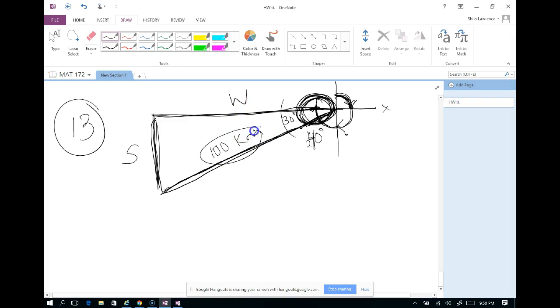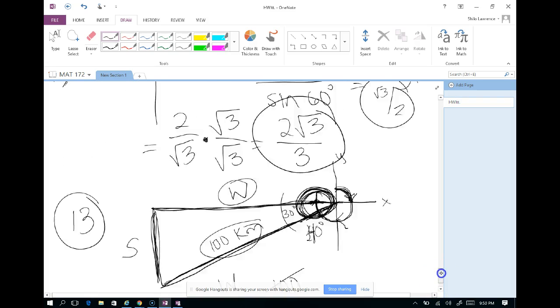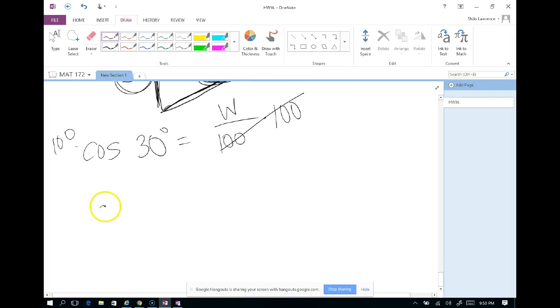To work with the hypotenuse and the adjacent side, cosine uses adjacent over hypotenuse. So I'm going to say cosine of 30 is my adjacent side over my hypotenuse, and I'm going to solve for W by multiplying both sides by 100. Now to do the opposite side, we know the hypotenuse and we want the opposite side, so we need a trig equation that uses opposite and hypotenuse, and that is the sine function.